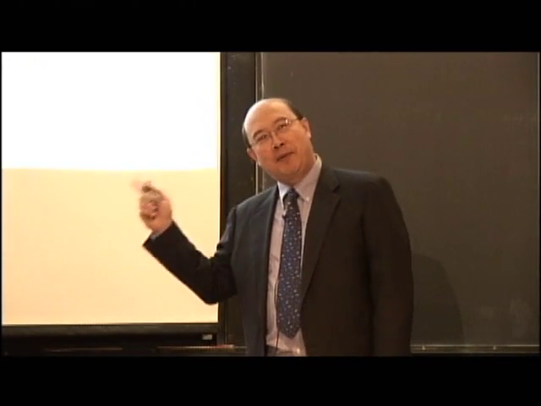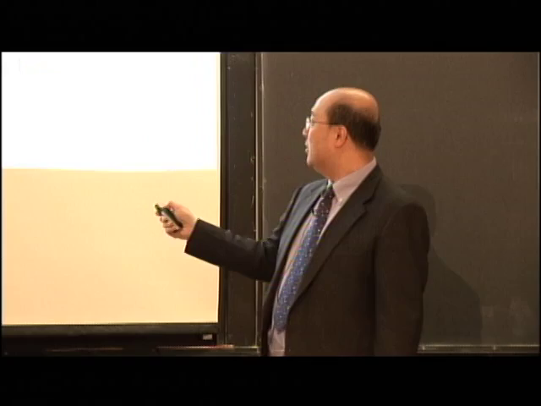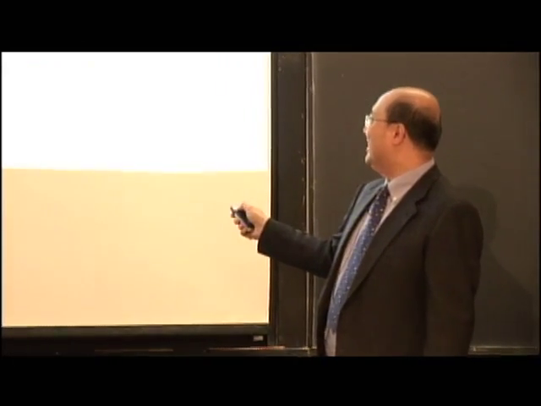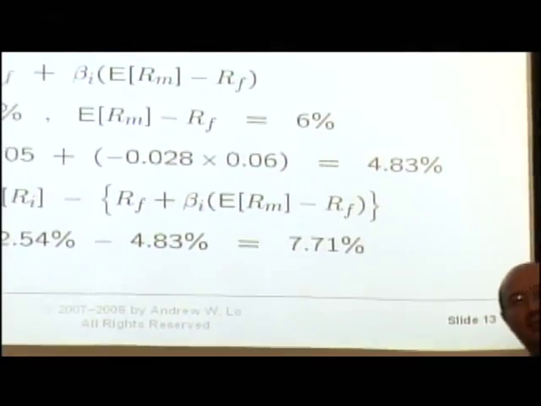The way we know that is because we're measuring the expected rate of return relative to the S&P. So in other words, the way I got this number, this is the excess return on the S&P. That's what the market risk premium is.